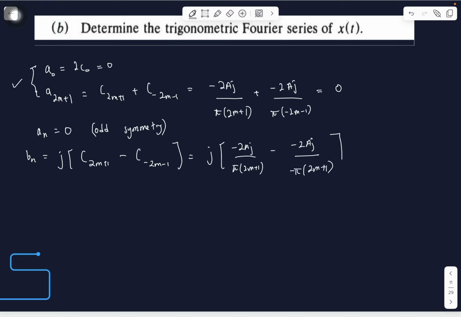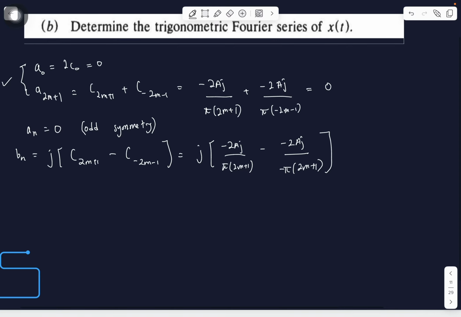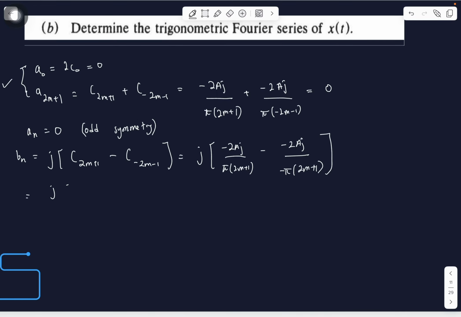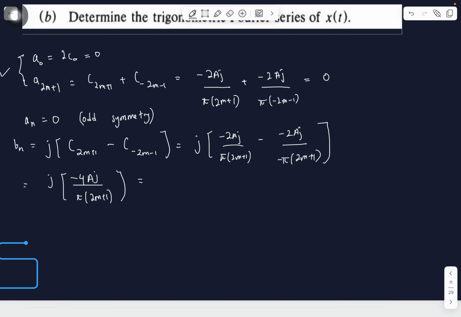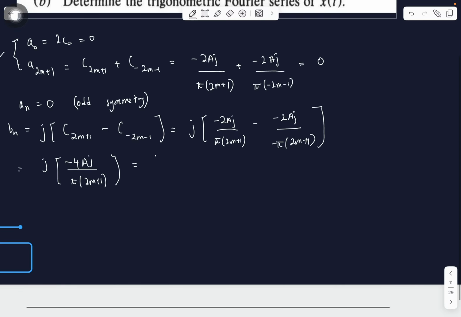Here we took the minus outside, so this is equal to j. Here minus and minus will cancel, it will be negative 4a over pi 2m plus 1. Here there is also j, then j times j is minus 1, and the minus and minus will cancel, by 2m plus 1.